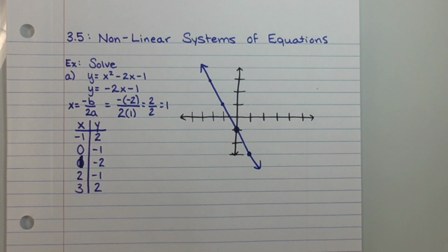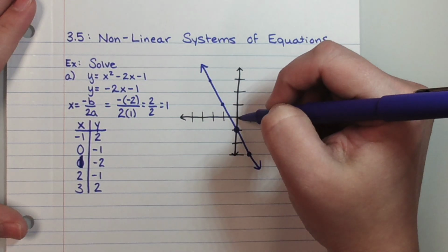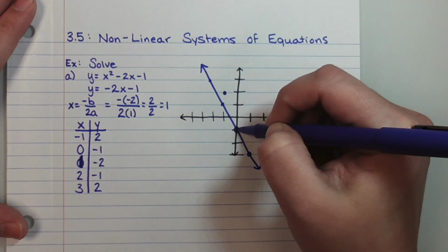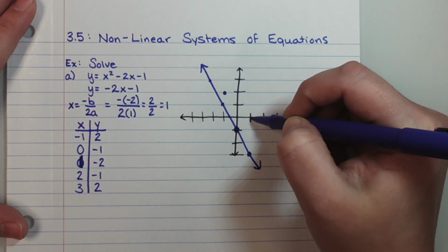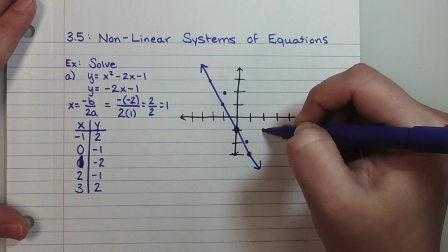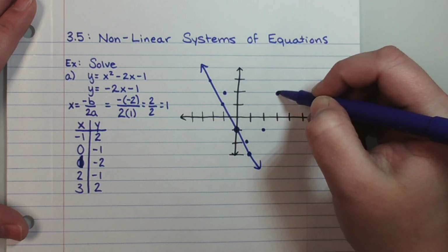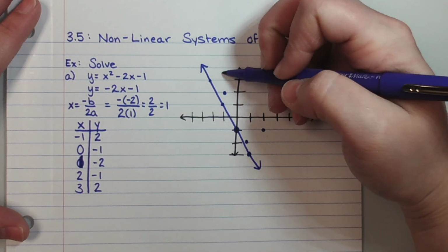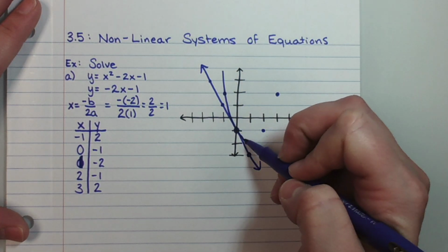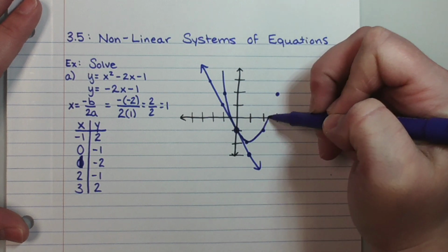So, anyway, we would plot these points then. Negative 1, positive 2; 0, negative 1; 1, negative 2; 2, negative 1; and 3, 2. And my parabola would look something like this.